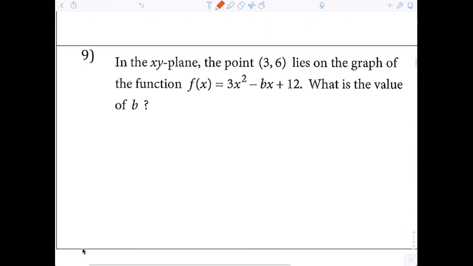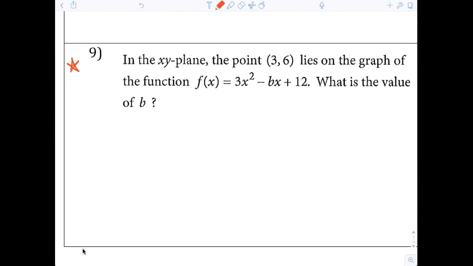All right, number 9. Very, very important problem. Put a star by this one. And I want someone who was thinking to highlight f of x and tell me what f of x means. F of x is another fancy way for writing what? Function. It is a function.